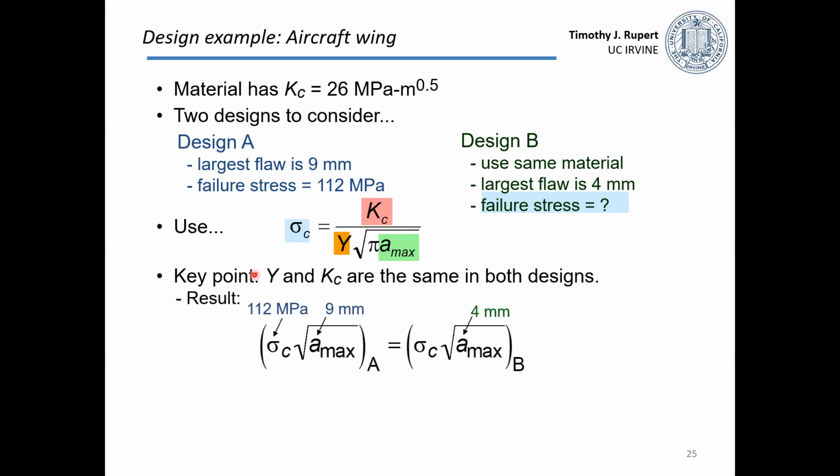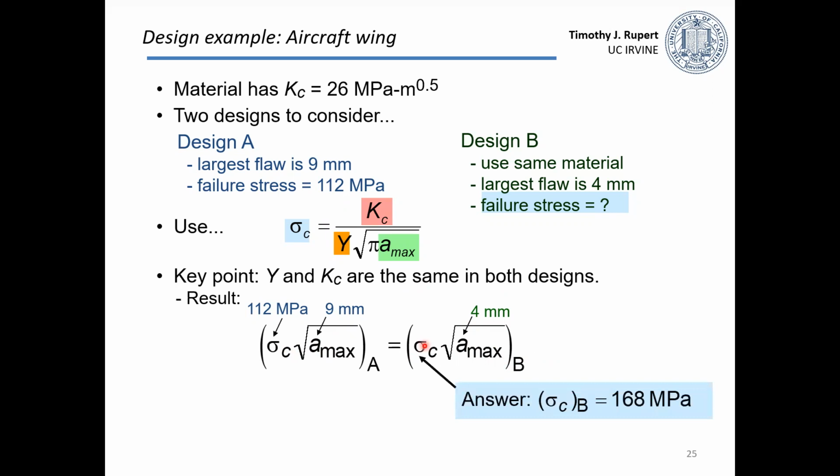So one way to solve this is we can rearrange these equations so that Y and K sub C are on the same side, and set them equal to each other. On the left side, this is the data for design A. Plug in what the failure stress is, what the crack size is. On the right is the design considerations for design B. We know the crack size and we're trying to solve for that sigma sub critical.